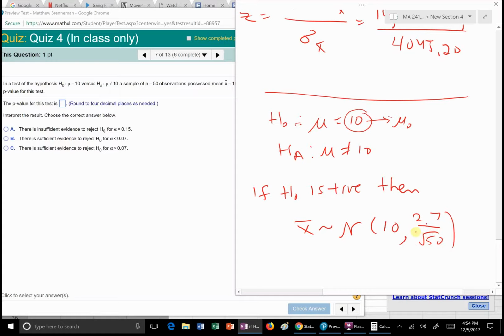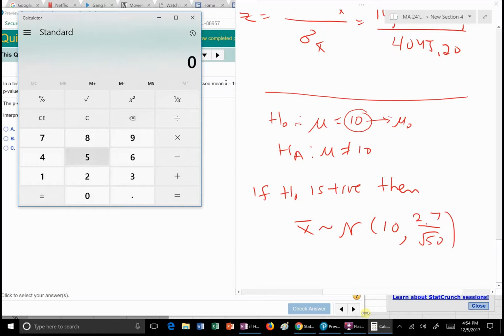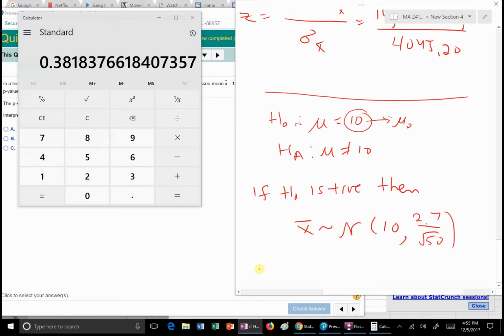And I'm going to go ahead and compute this value out because we're going to need it later. Okay, so this ends up being 0.3818. So now we know everything we need to know about X bar, right? We know that it has a normal distribution.